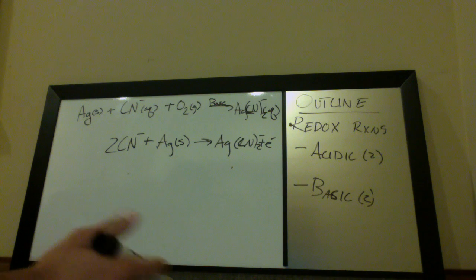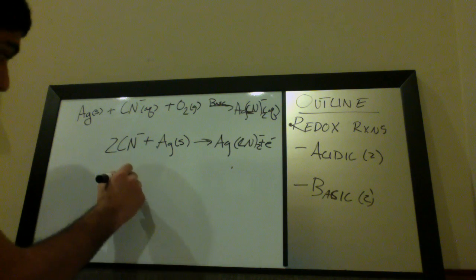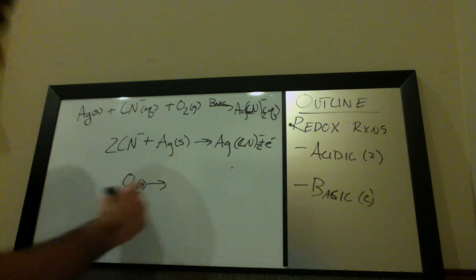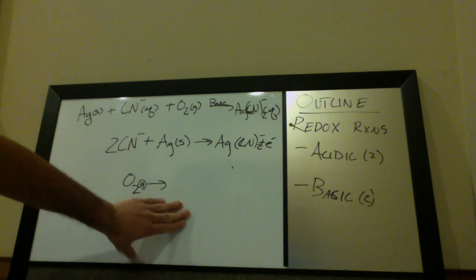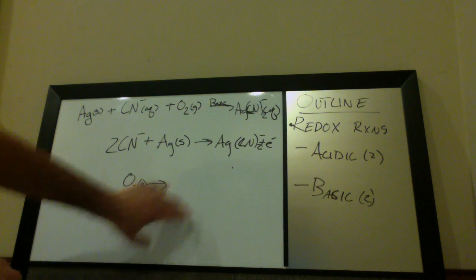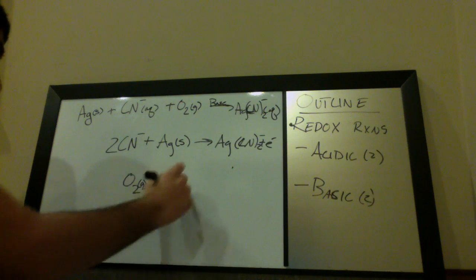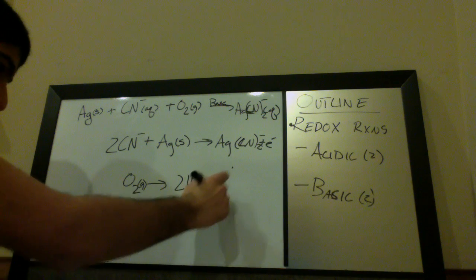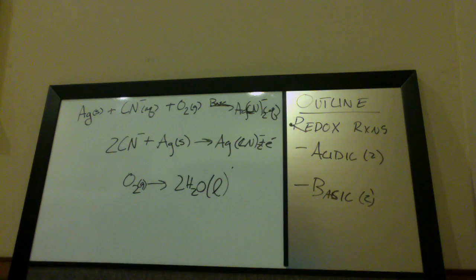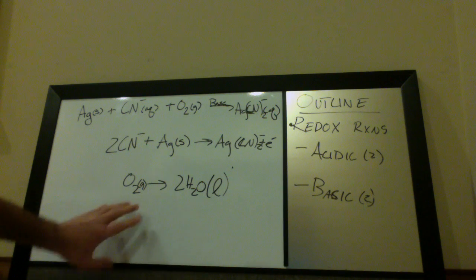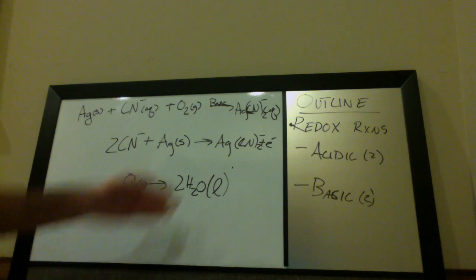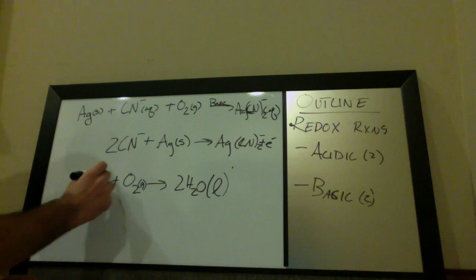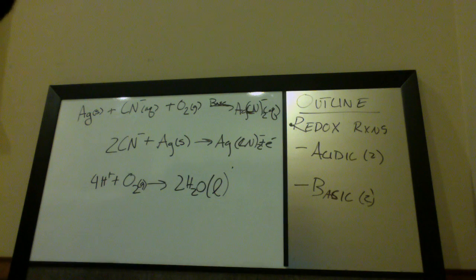And I'm going to go to the next half reaction. O2, your gas. But there's nothing on this side. So I have to balance it, so I have to add water. So I have 2 waters, liquid. And then I have to balance the hydrogens that I just magically created in the water. So 4 hydrogen ions, 4 protons.